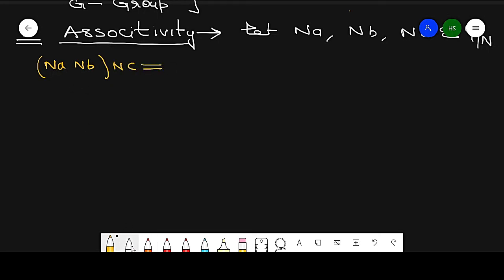Now by using the binary composition here, this can be written as Nab into Nc. Again I am using the binary composition, so this can be written as N bracket ab into c, this value.